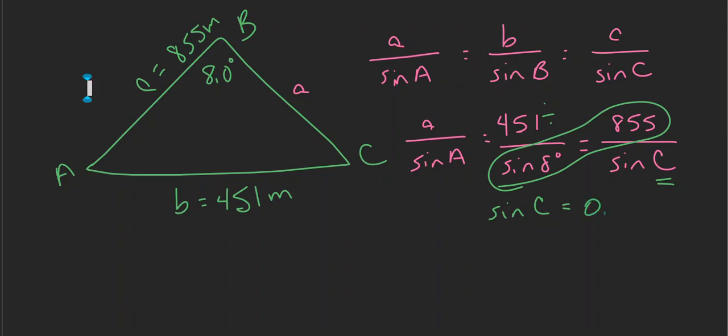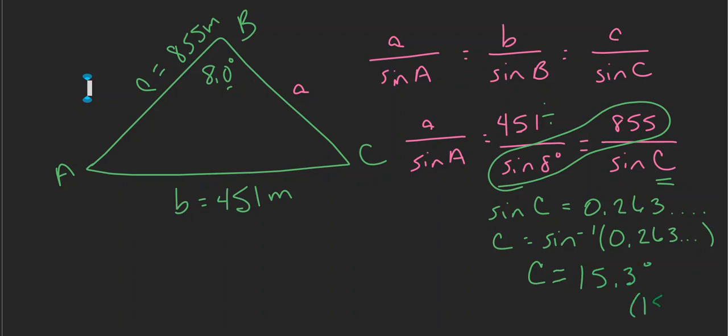I end up with 0.263 and so on. So I'm going to inverse sine that since I'm looking for the angle. It kicks out that angle C, and again I can see this is to the tenths place, so it would end up being 15.3 degrees because I got 15.298 and so on when I plugged it in.